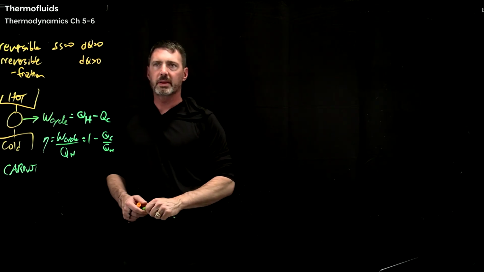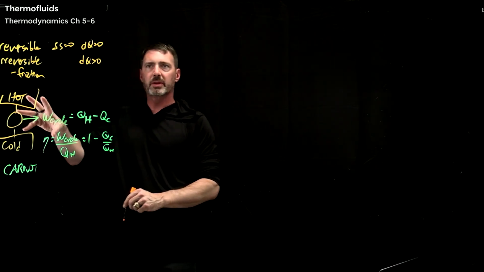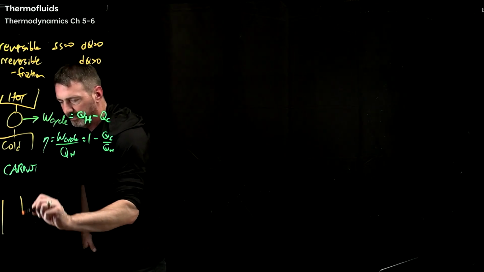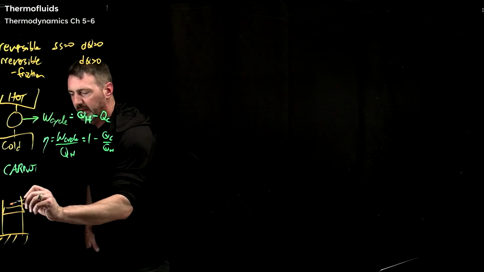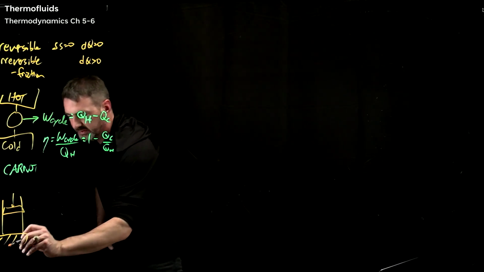Ultimately, this cycle is very basic, and it's effectively what is shown here above. Imagine you have a system that's insulated, with a piston coming down. This is pressurizing, so this is your compression stage.